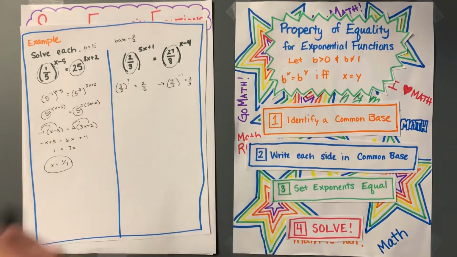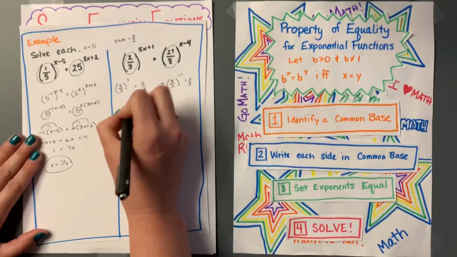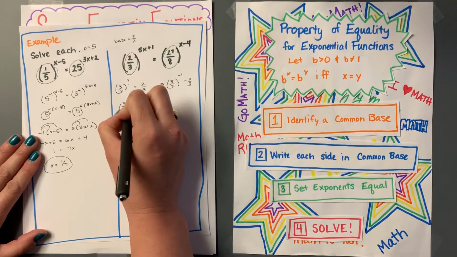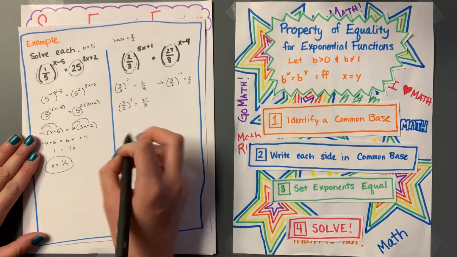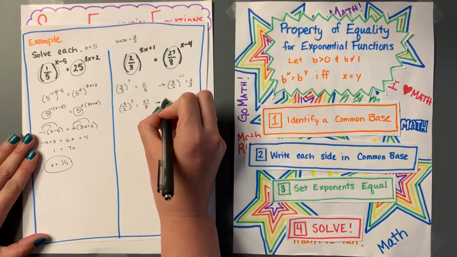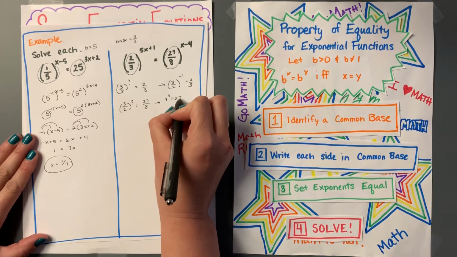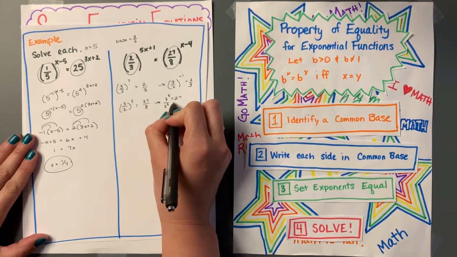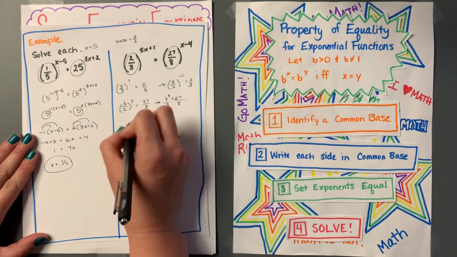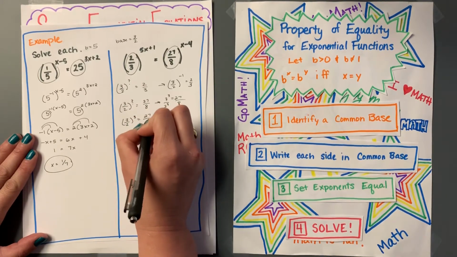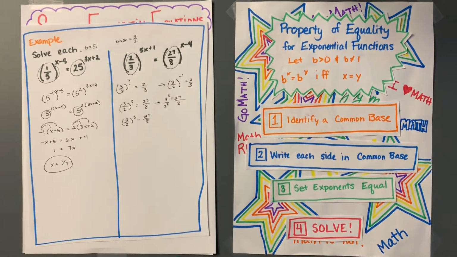So then I'm thinking about 27 over 8. 3/2 to what exponent is equal to 27 over 8? Well, I know that 3 cubed is 27 and 2 cubed is 8. So 3/2 cubed is 27 over 8.